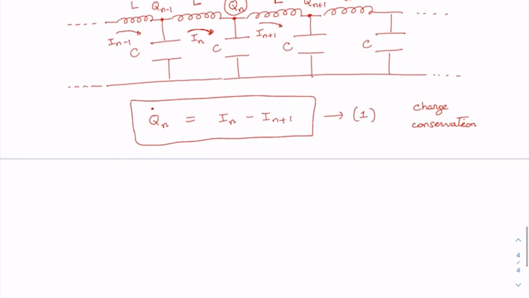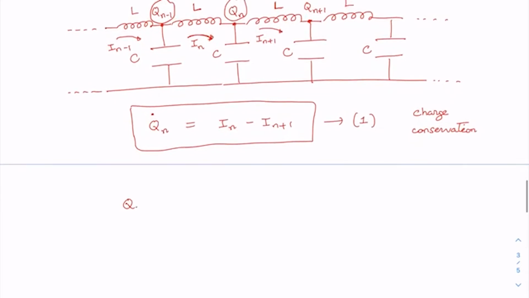At the n minus 1th node the voltage would be Qn minus 1 divided by C, and at the nth node it would be Qn divided by C. This difference in voltage has to be equal to the voltage across this inductor L, and that would be L dIn/dt.